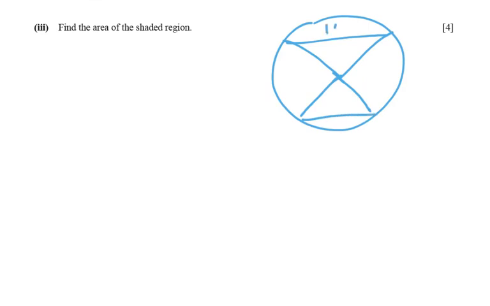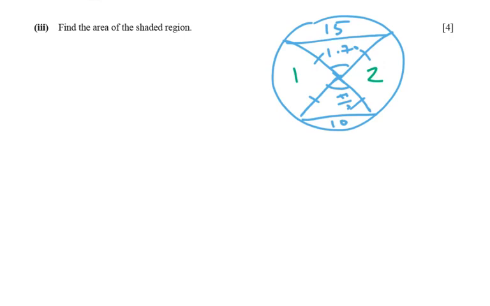The length of the chord is 15 here, 10. With the angle 1.70, with the angle pi over 3, and then all the radius are the same. Okay, let's label it. Area of 1 and 2 must be the same.